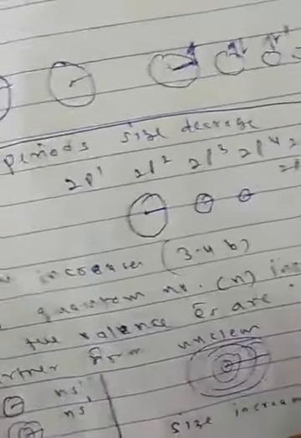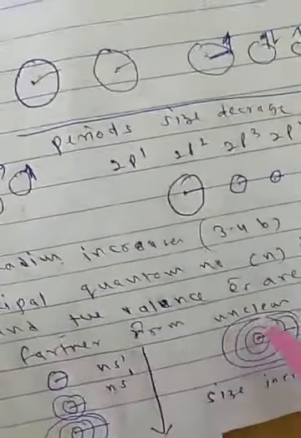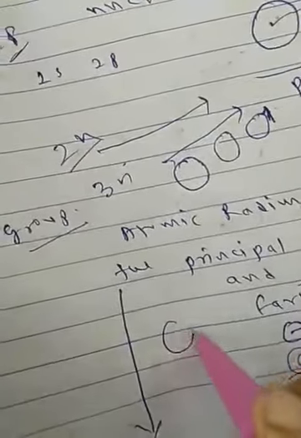I will explain afterwards. As the principal quantum number n increases, the valence electrons are farther from the nucleus. See, in groups, 1s1, 2s1, 3s1.